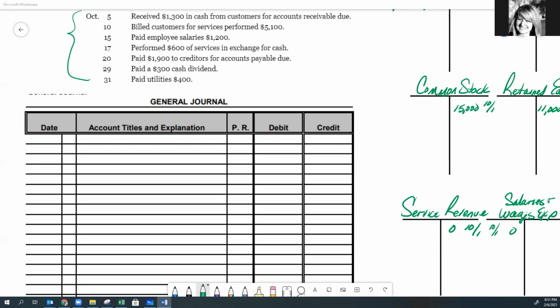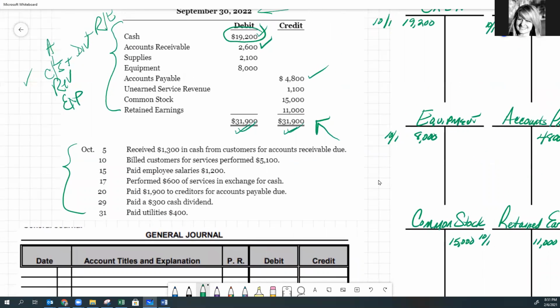Okay, so on October 5th, we received 1,300 in cash from customers for accounts receivable due. Okay, so if we took a look at our trial balance above, we should have had an account up here. Here it is, accounts receivable.